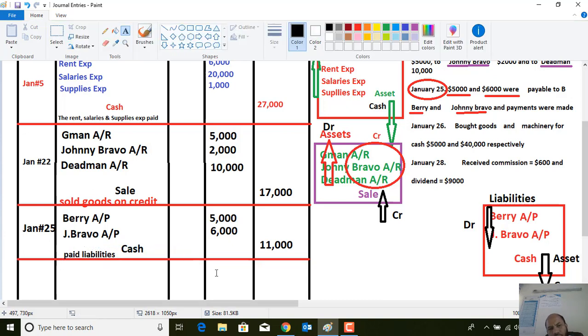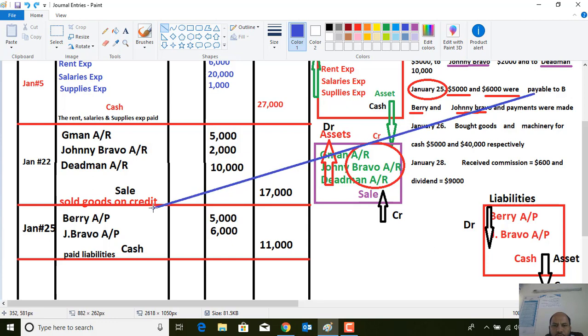Simply you can write down paid liabilities. So now dear students, see what happened over here. On 25 January we have a transaction, so we recorded 25 over here in the date column. Then what happened? The company paid to whom?